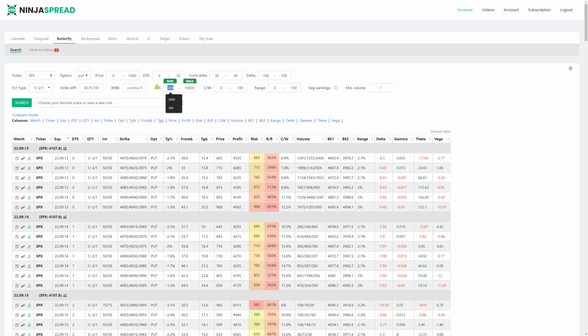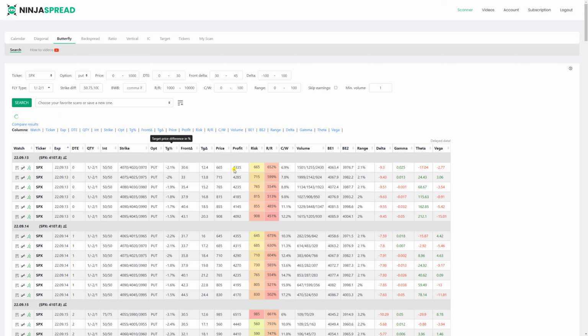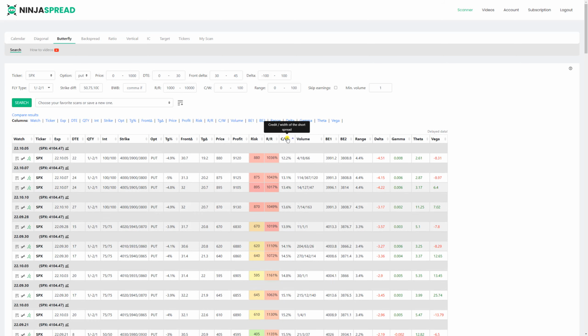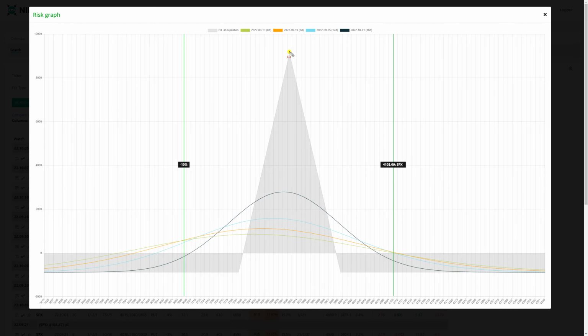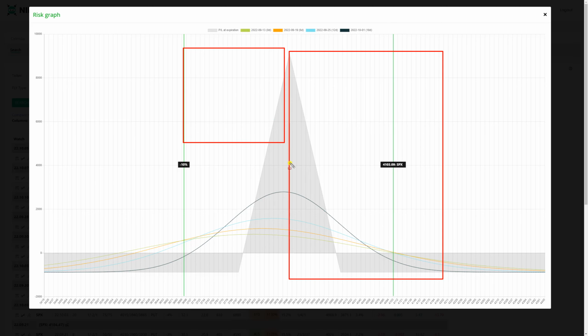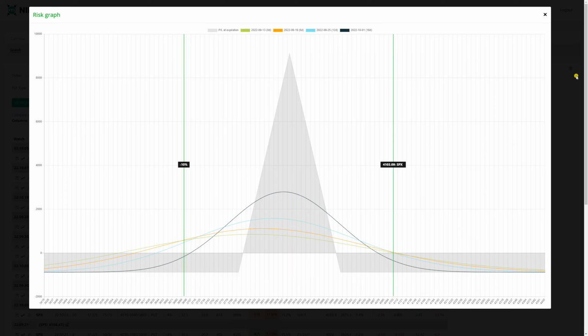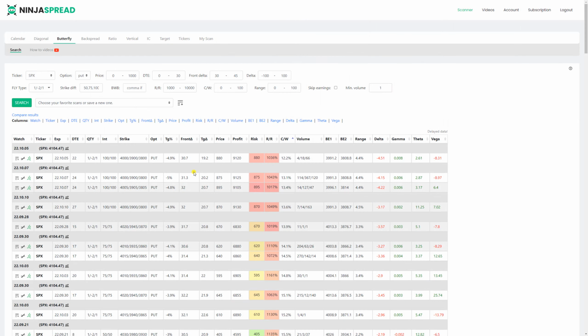For example, let's only find something with 1000% reward to risk. And also we can define CW, which is almost the same as in diagonal spreads, where you can measure the credit based on the width of the credit spread, right? Because in a butterfly, there is always a debit spread. This part is the debit spread, and this part is the credit spread of the butterfly. And with CW, what I'm measuring is how much do I get as a credit based on the width of the credit spread.